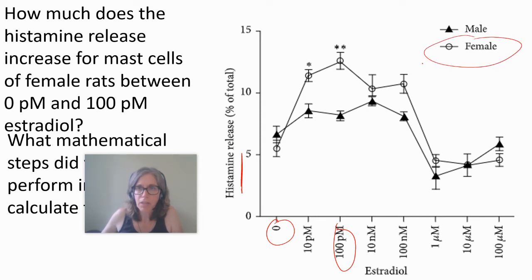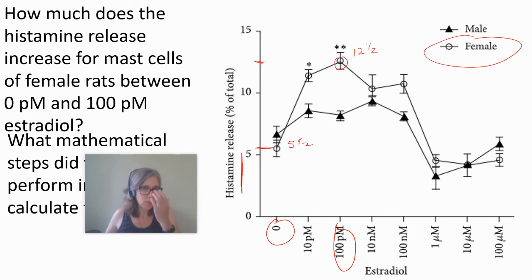We're looking at females, so I'm going to ignore the triangles. So here the number is 12 and a half maybe. And then at 0, I'm looking for the circles, which are the females. What is that, 5 and a half? I'm going to call that 5 and a half.